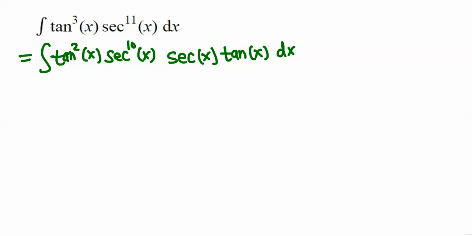Here is the formula. We know 1 plus tangent squared is secant squared. If we subtract 1 from both sides, we get tangent squared is secant squared minus 1.